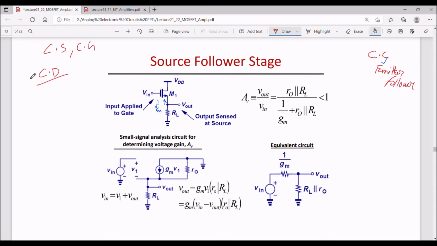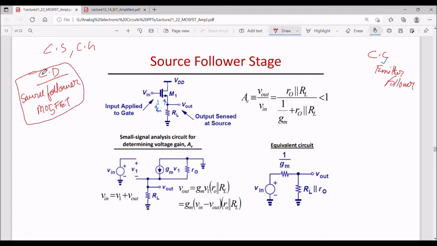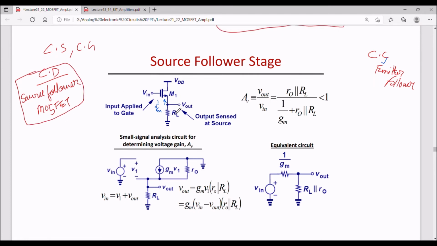So here it is common drain or source follower for MOSFETs. Common drain configuration means input will be applied to gate and output is taken at the source.